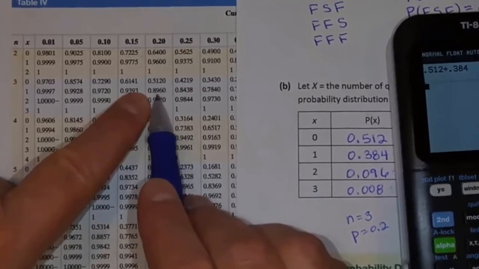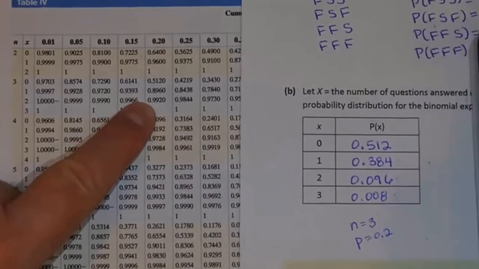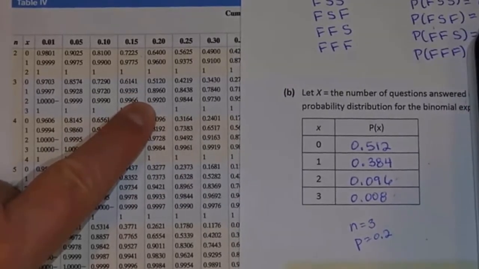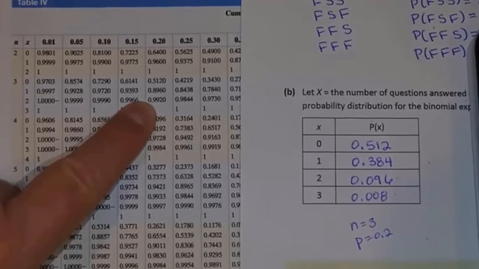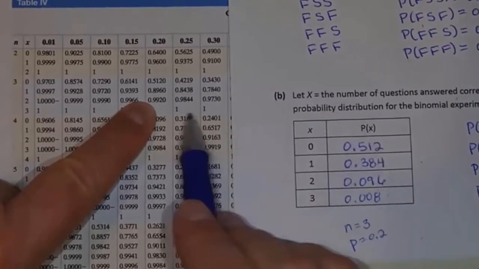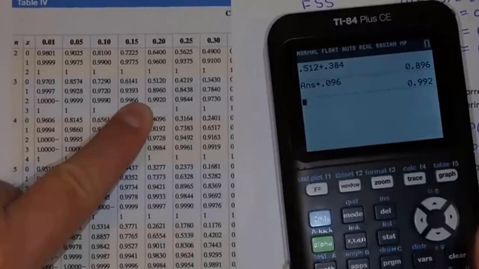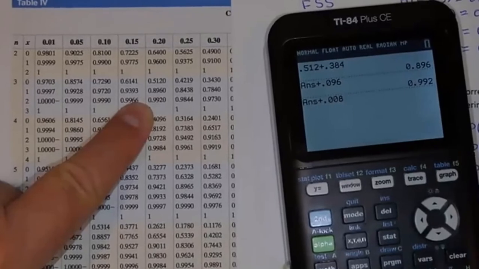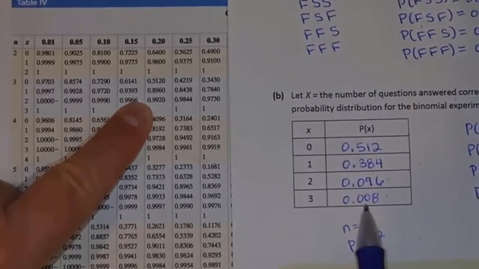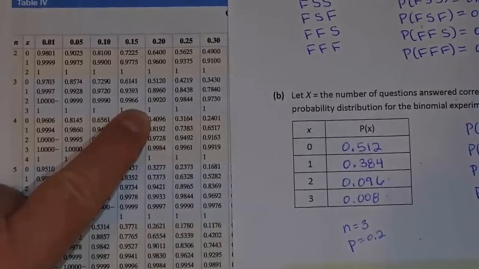So this is the probability of 1 or fewer successes. And then if I add 0.096 to that, that's 0.992. The probability of 2 or fewer successes is 0.992. And then if I add 0.008 to that, that's 1. The probability of 3 or fewer successes is 1.